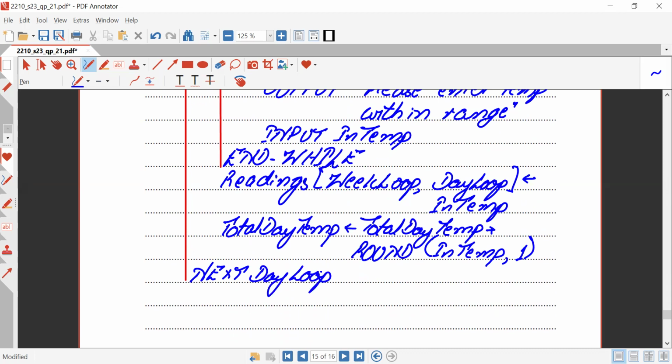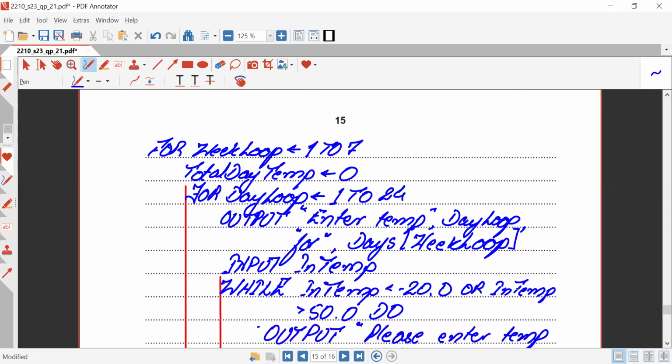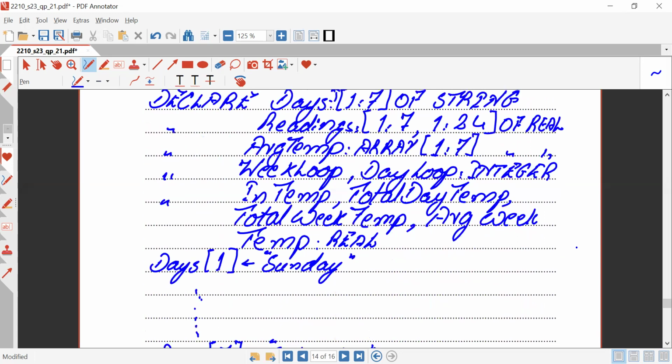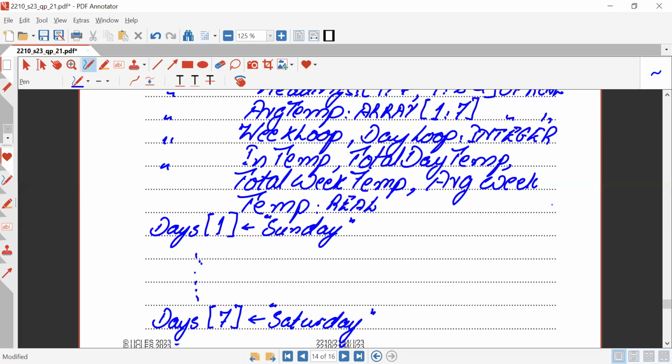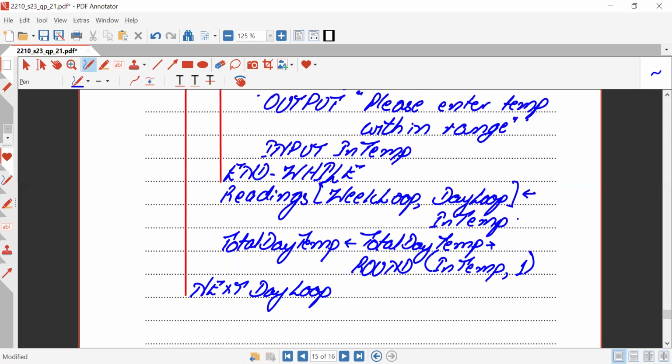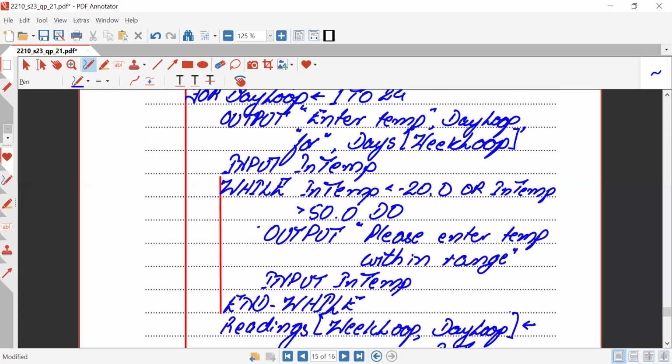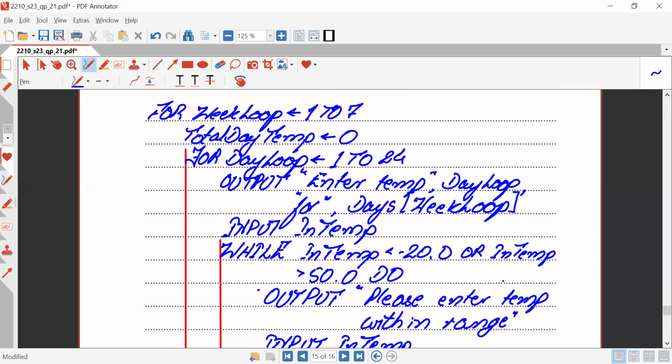Now we need to take out the average of the day temperature, or the average temperature actually. So how are we going to take it out? We took a variable average temp, I think. So average week is there. Yeah, we took it average temp and array was for 1 till 7. Do remember this average is actually within the week loop right now.